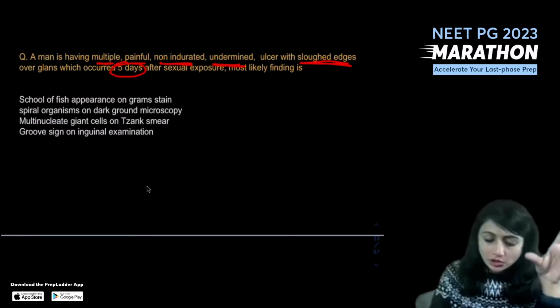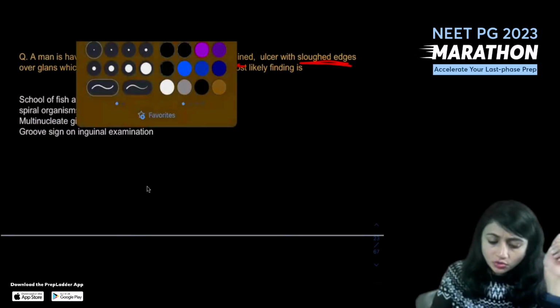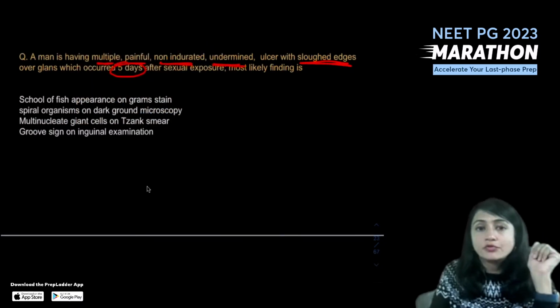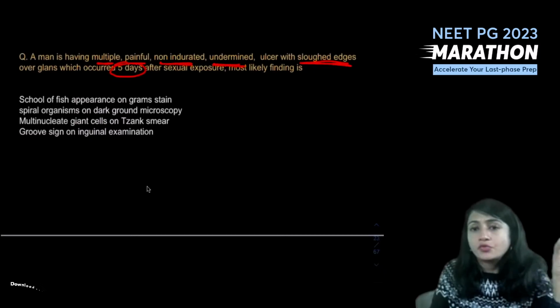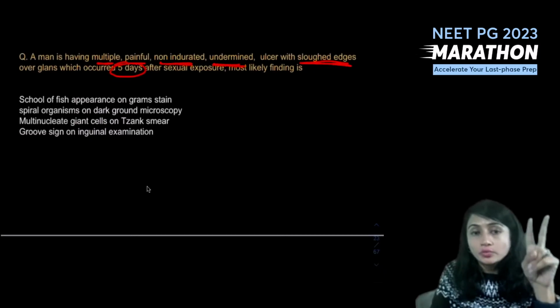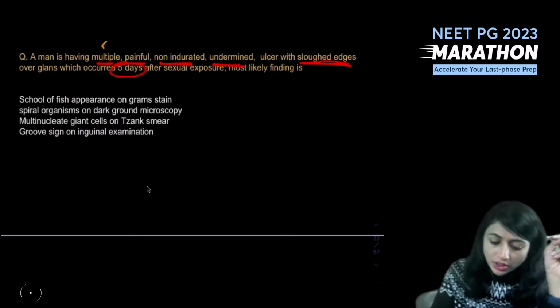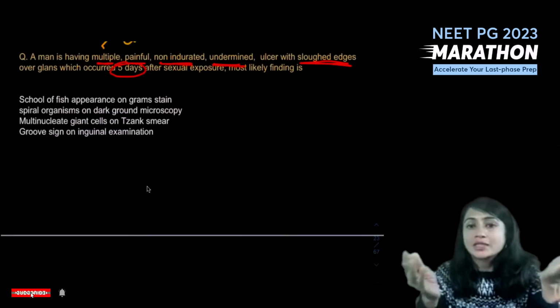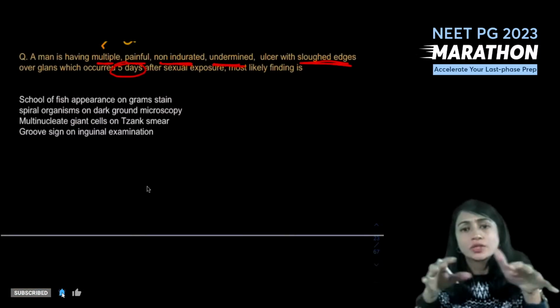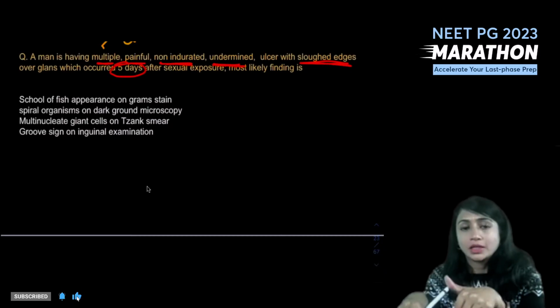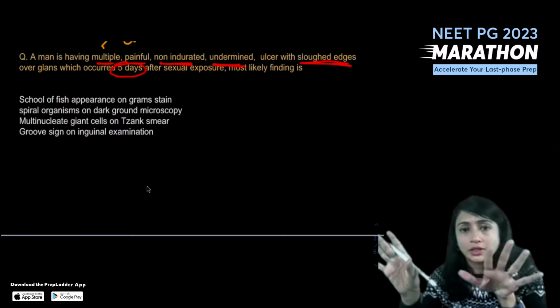First, let's look at the various hints given to us. Multiple and painful, when they say, we think of 2 main conditions, HSV and chancroid. Because we know syphilis is painless, donovanosis and LGV do not present with multiple painful non-indurated lesions.